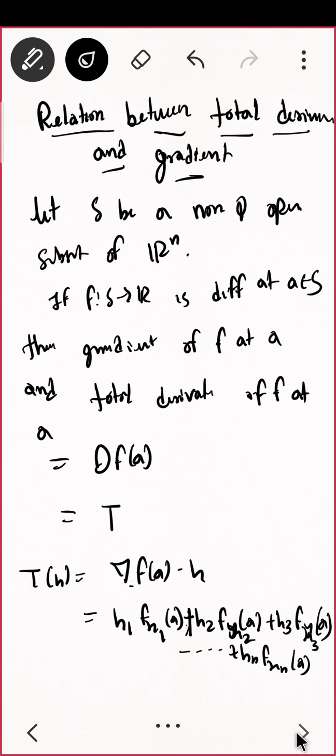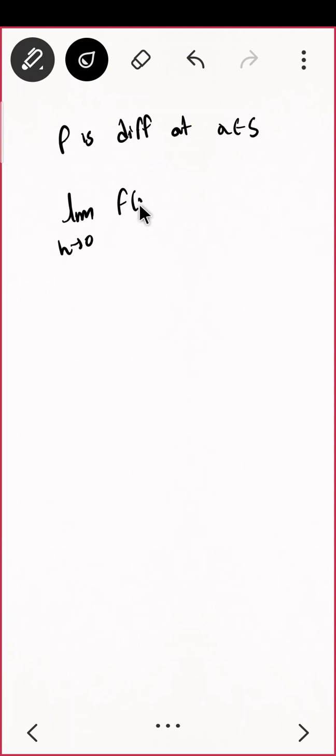Actually, before going to the example, let me just reframe the definition of total derivative. The new definition: f is differentiable at a belonging to S, then the limit as H tends to 0 of f of a plus H minus f of a minus, in place of T of H you can write del f of a dot H, correct?